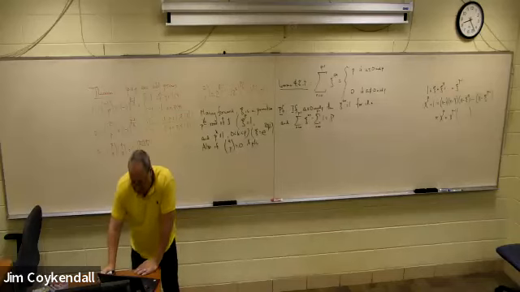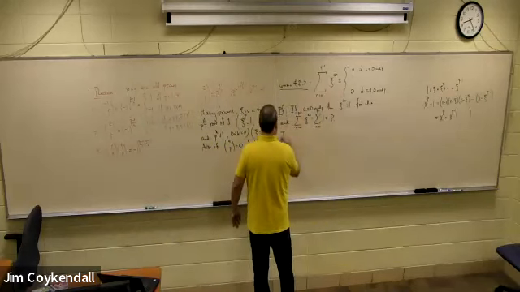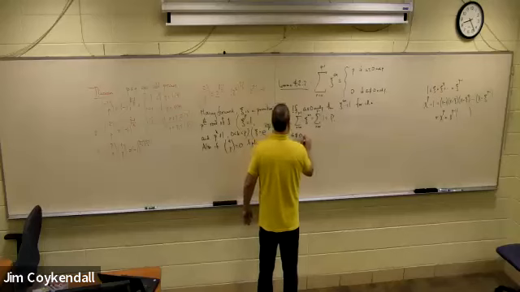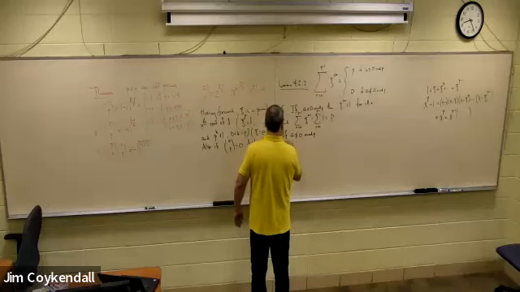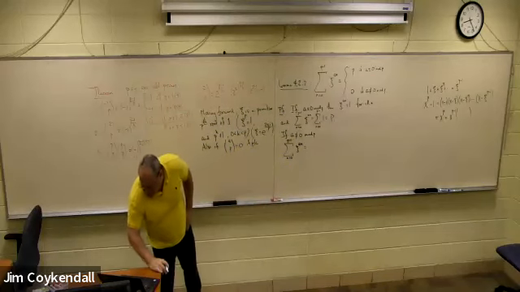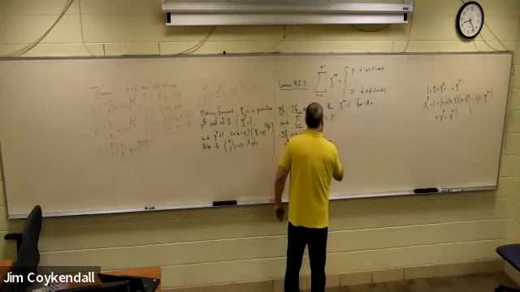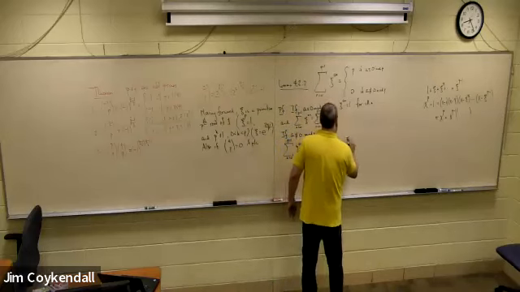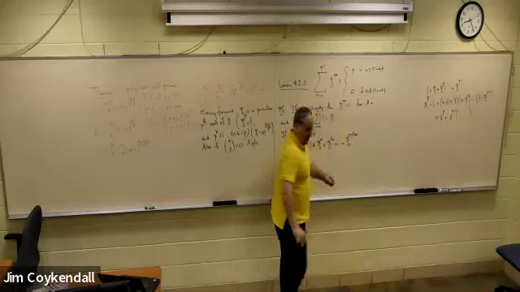If not, so if a is not equivalent to zero mod p, then let's write this sum out explicitly. This is one plus zeta to the a plus zeta to the 2a, up to zeta to the (p minus one) times a.